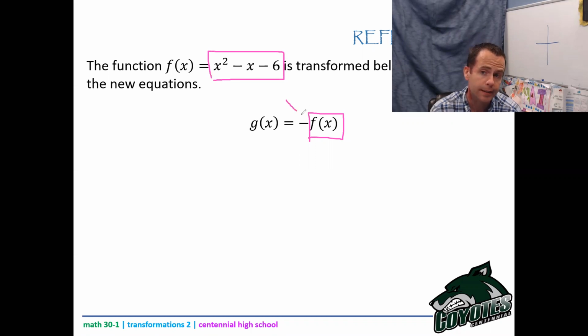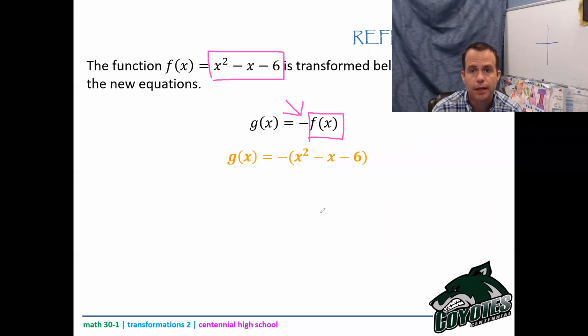All this says is, I'm going to take that whole function and put a negative in front of it. So I take the whole function and stick a negative in front of it. Now I'll clean this up. This will be -x² + x + 6, so this would be my new equation in terms of x.